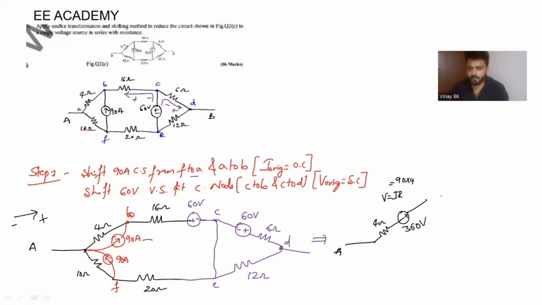So this is connected in series with 16 ohm resistor, and one more voltage source is there here, that is plus and minus 60 volts.